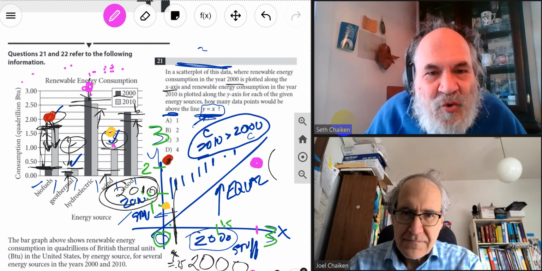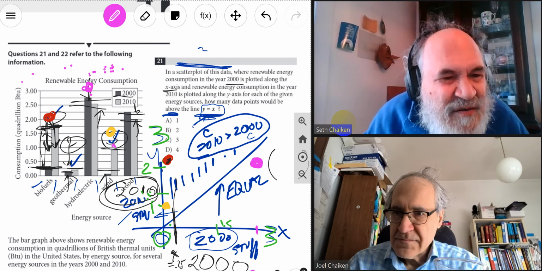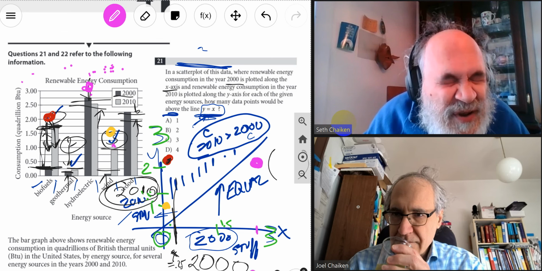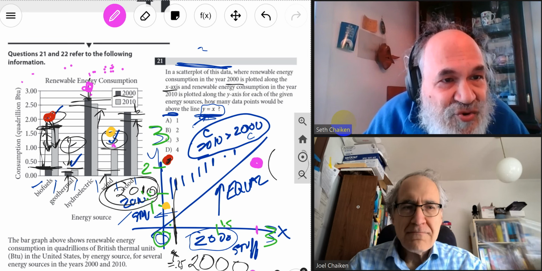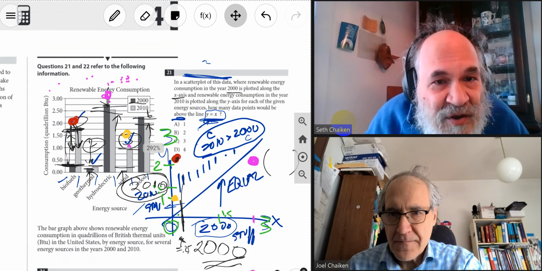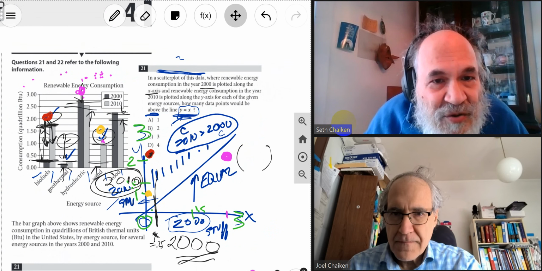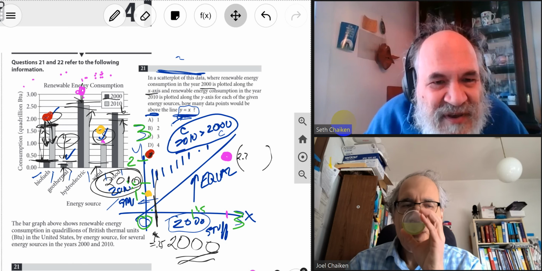For the purple point, I'm going to write in the coordinates. Good idea. The x coordinate is the value for the year 2000, which on the chart is 2 3/4, which is 2.75.